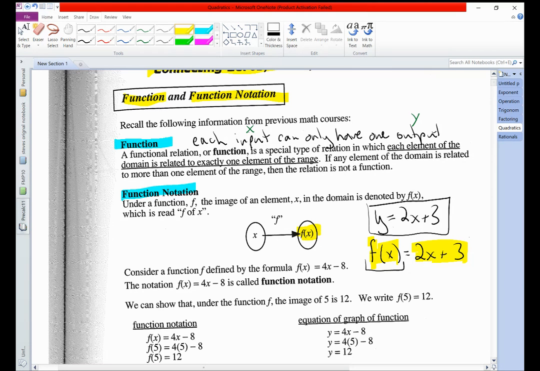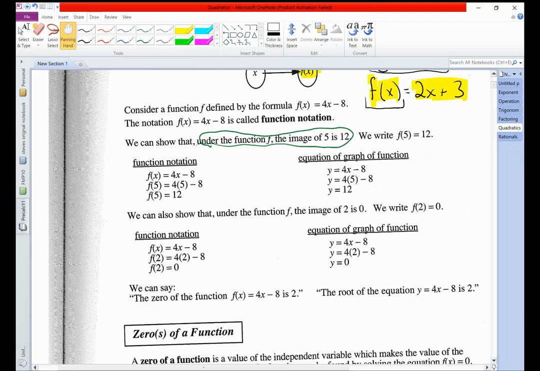They like to use wording like, under the function, the image of 5 is 12. This is super weird wording, and I try not to use the image wording too much. So let's scroll. I just want to show you. Here we have y is equal to 4x minus 8.